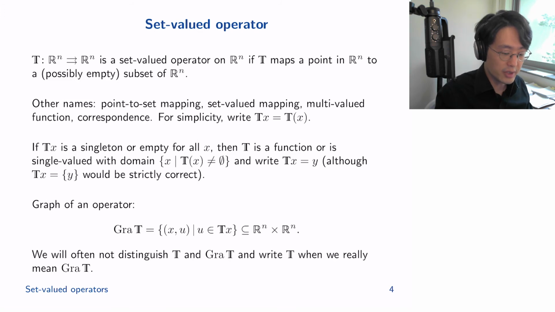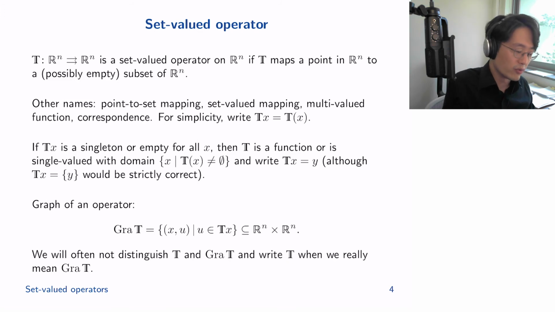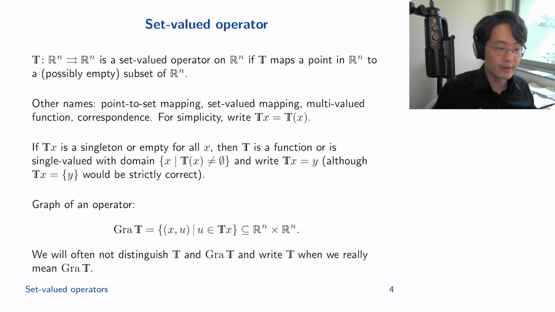We will often write just the operator T when we really mean the graph of T. Sometimes we still will use the graph of T notation from time to time, but we will only do so when we want to expressly emphasize the fact that we are considering the graph of the operator rather than the operator itself.